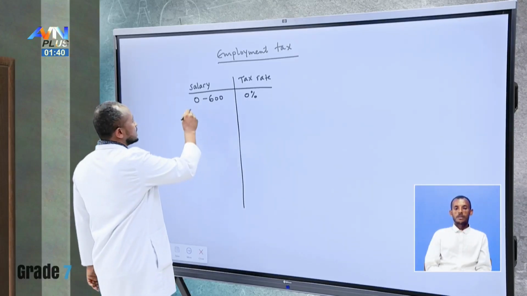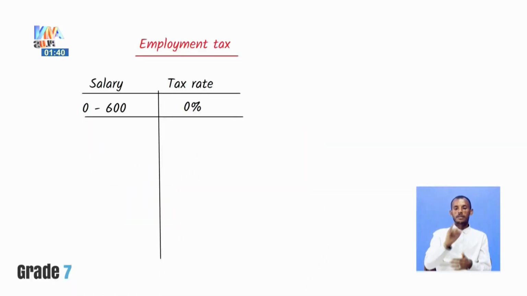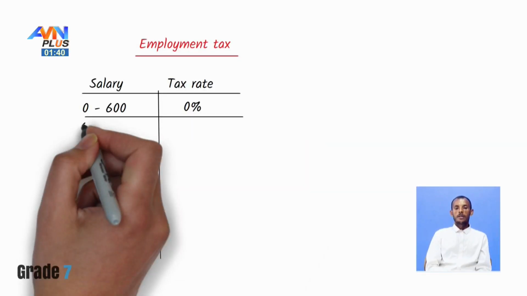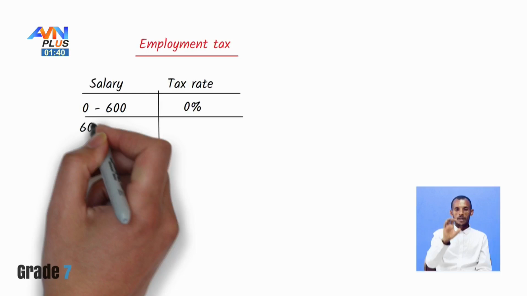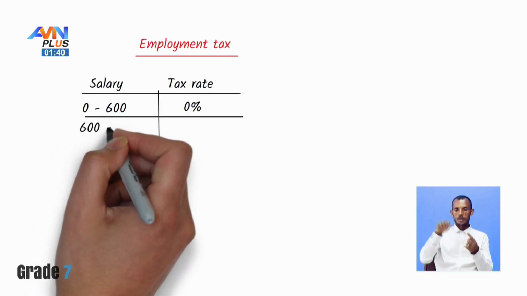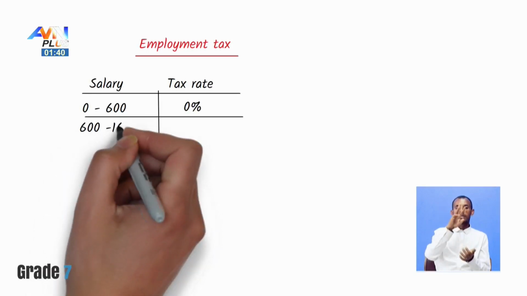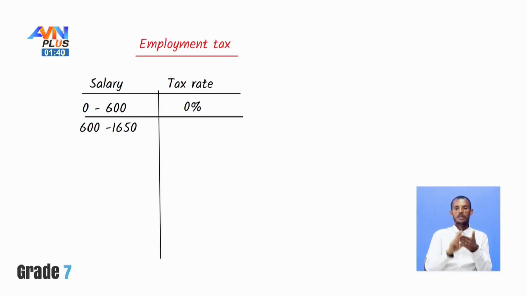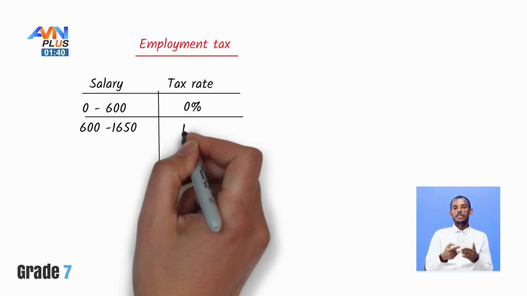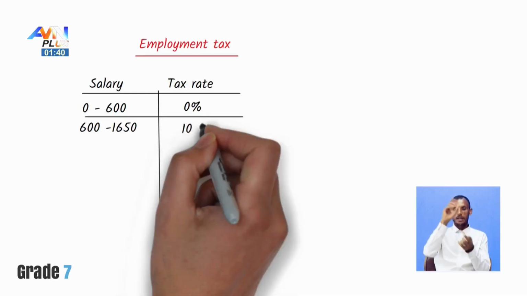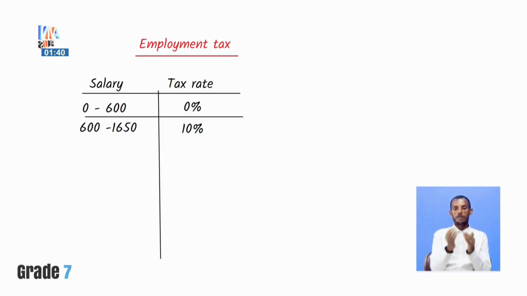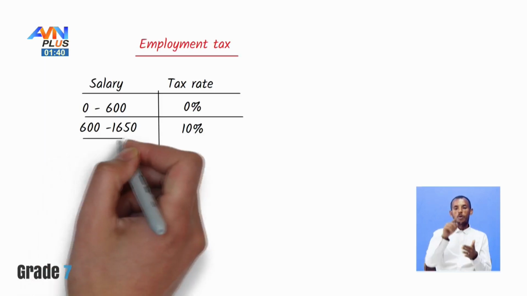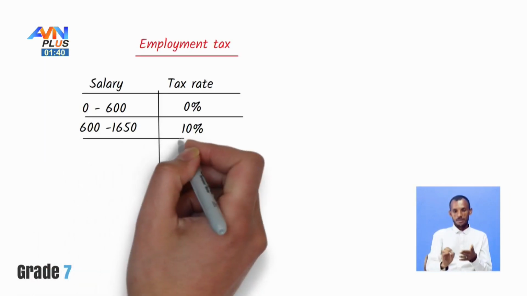The next range is from 600 to 1,650. For this range, 10%. For this interval of income, the percent you have to pay is 10% of this portion of income.